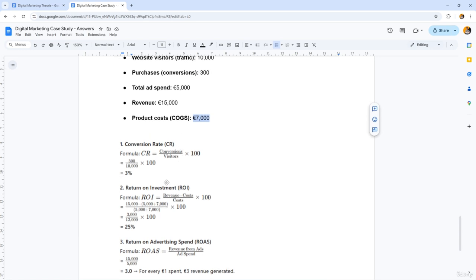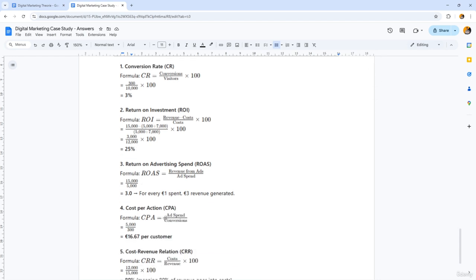If you want to do the return on investment for the revenue, you would do 15,000 without getting the costs away. So revenue divided by costs only, which is 15,000 divided by 12,000. And then if you have more than 100, it's profitable, obviously. In this case, we have about 25% return on investment. Yeah, that's okay.